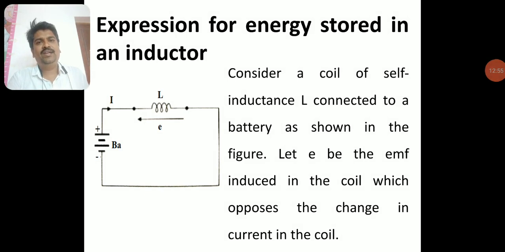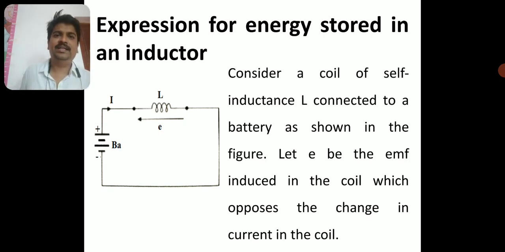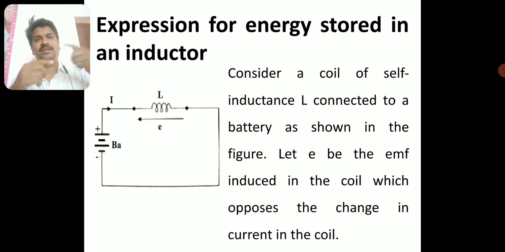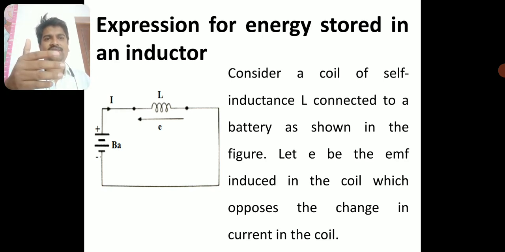After deriving an equation for mutual inductance, let us go for one more important derivation, which is the expression for energy stored in an inductor. Now an inductor is nothing but a coil which is wound on some frame. Consider a coil of self-inductance L. This coil is connected to a battery as shown in the figure.